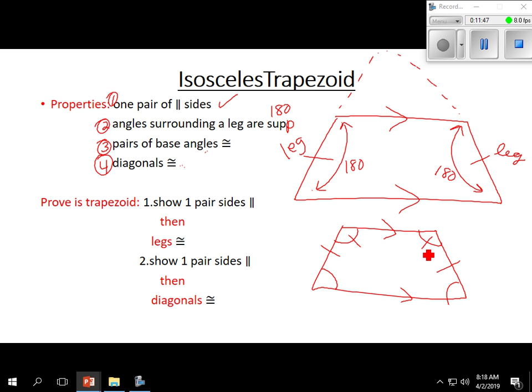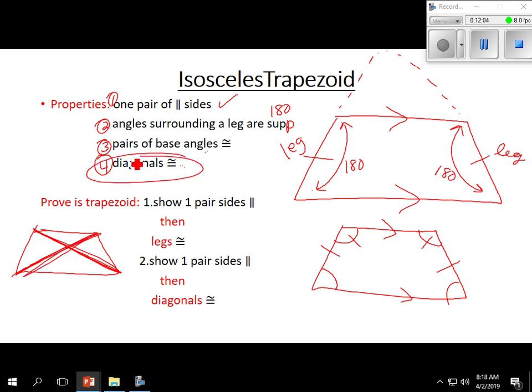And then another property of an isosceles trapezoid is if we draw in the diagonal here and the diagonal here, notice the diagonals don't bisect each other like the other four-sided figures, but the diagonals, this whole length and that whole length, have to be congruent to each other. So that's an isosceles trapezoid.